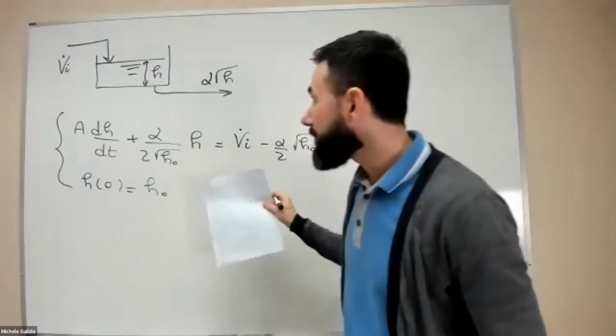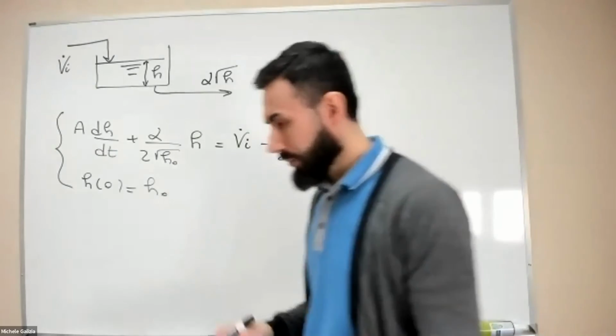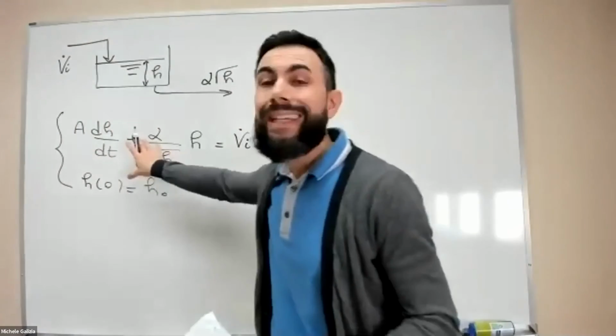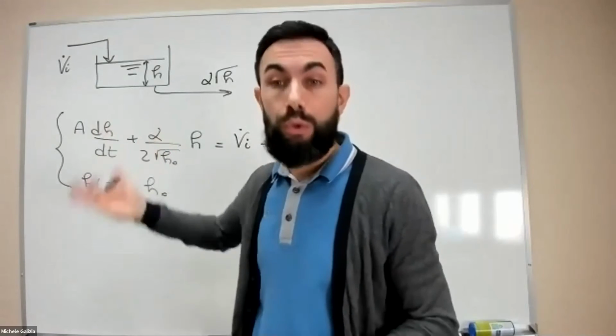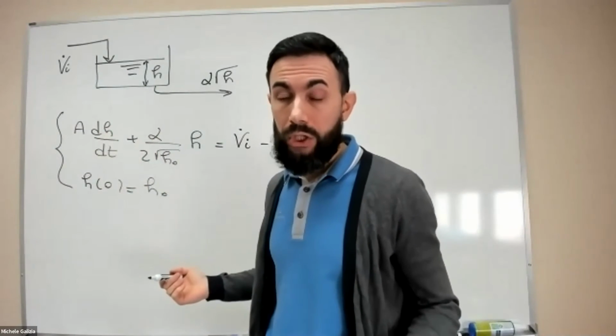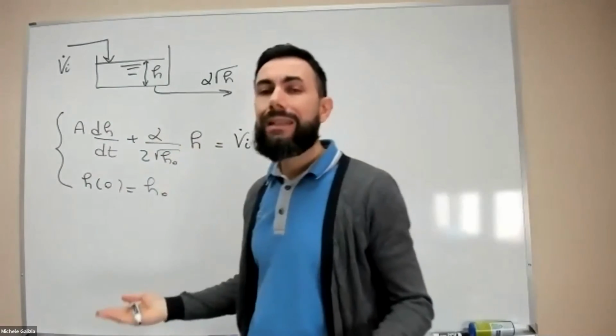Do you remember this? Yes. Now, we stopped here. We didn't know how to move forward. Now we know how to solve the differential equations. So we have a linearized differential equation that we can solve with the Laplace method.